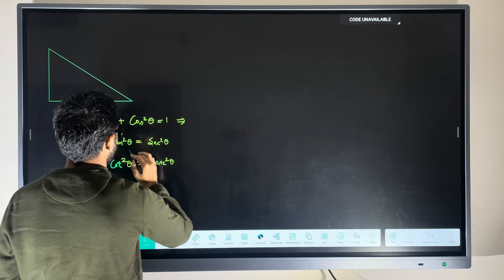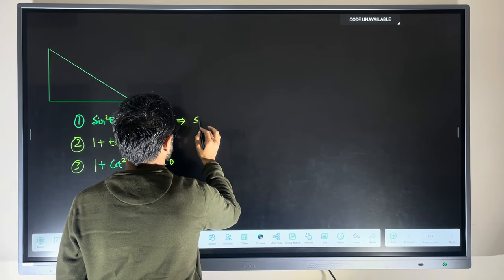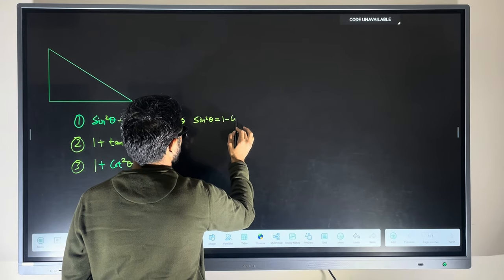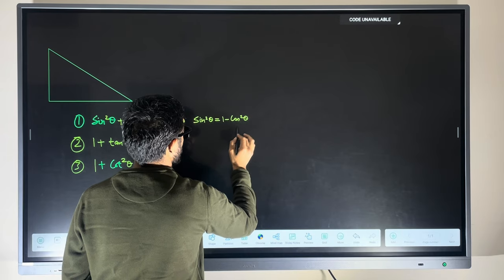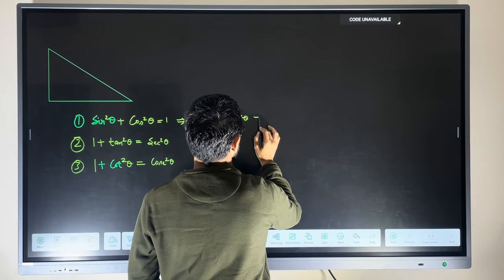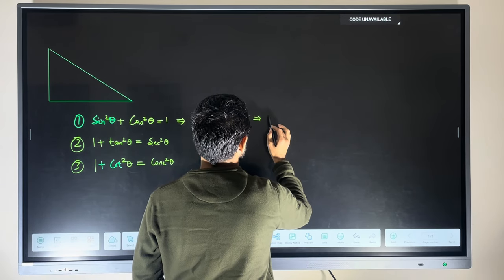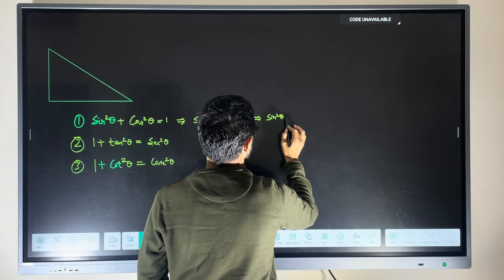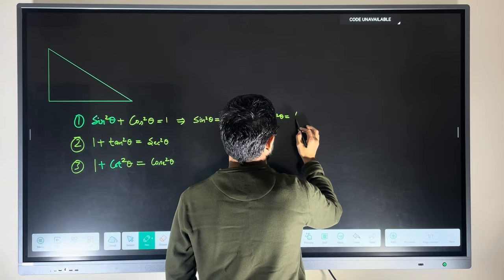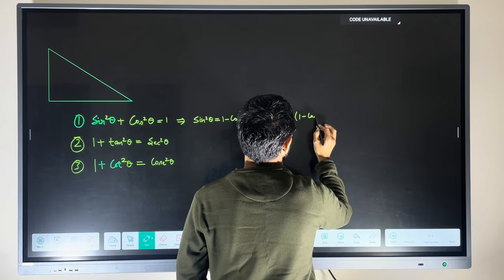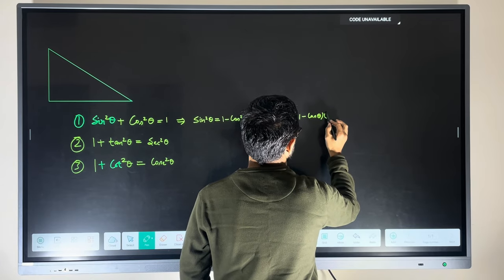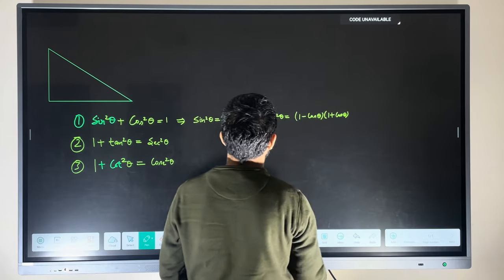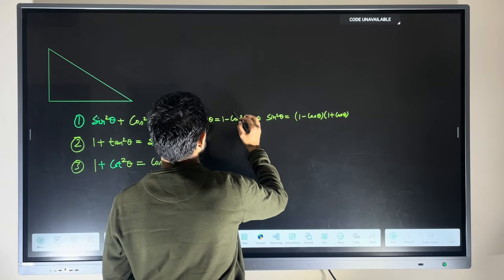We have changed this formula as sin square theta is equal to 1 minus cos square theta. And again we can say that sin square theta is equal to (1 minus cos theta) into (1 plus cos theta).